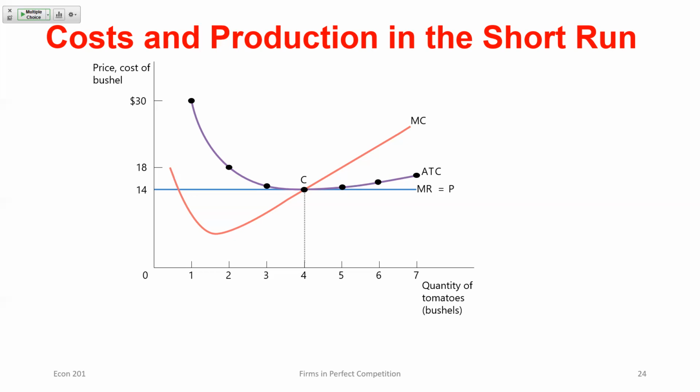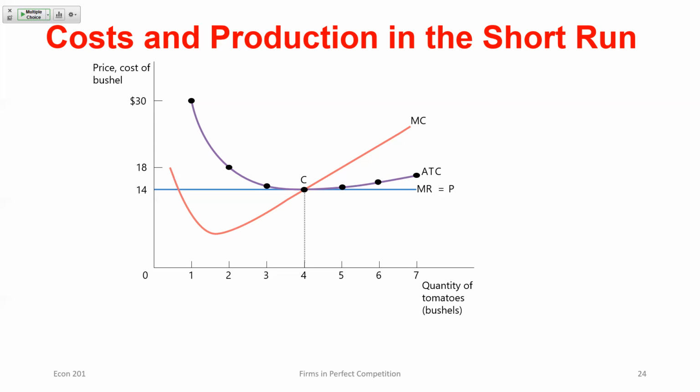And at that higher quantity, notice my average total cost. The difference between that and my price represents profits, but now, because the price is above average total cost, that area represents positive profits.